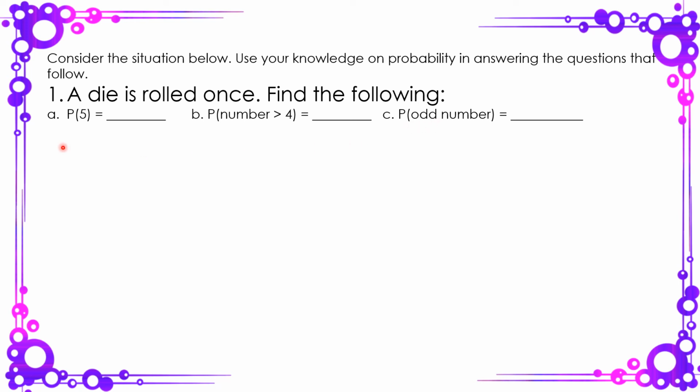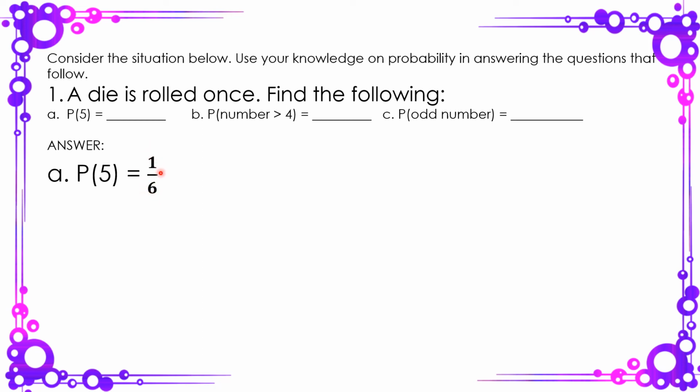So for number 1, what is the probability that when you roll a die, you will get 5? We all know that in a die, we have possible outcomes of 1, 2, 3, 4, 5, and 6. So in letter A, the probability of 5 is 1 over 6.